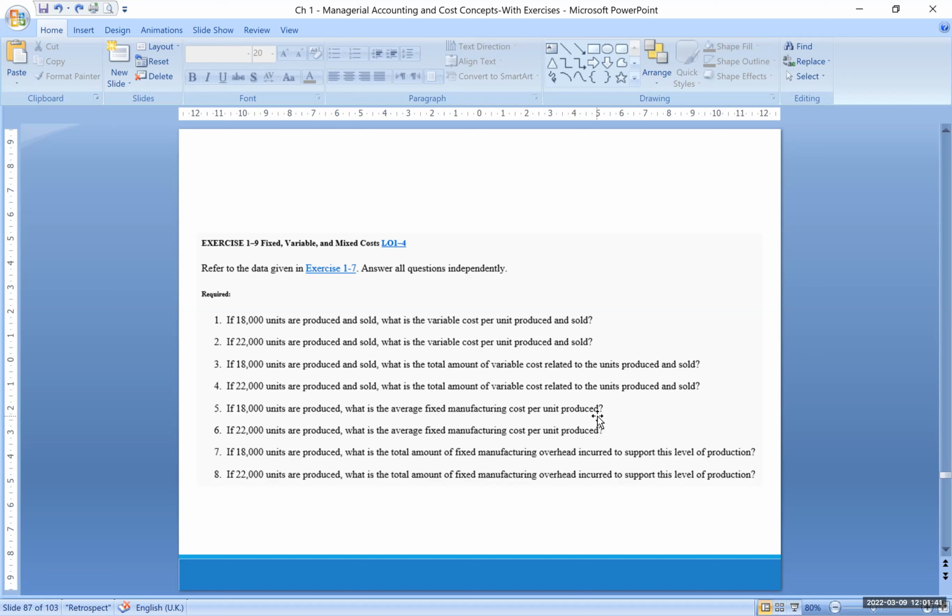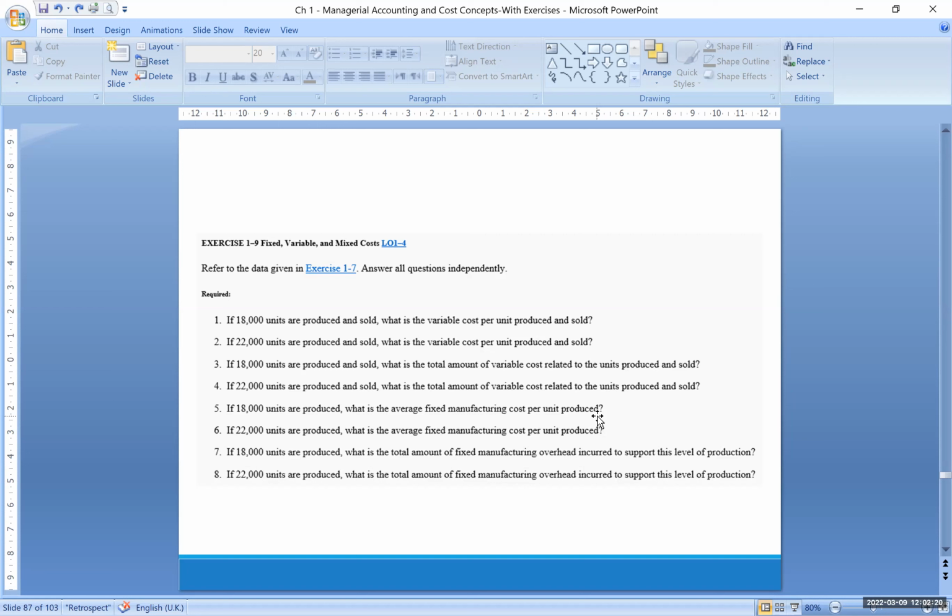The key for this question and the remaining questions is to calculate the total fixed manufacturing overhead costs. We have an average manufacturing overhead of $5, and the number of units produced were 20,000 units. So we have total fixed manufacturing overhead of $100,000.